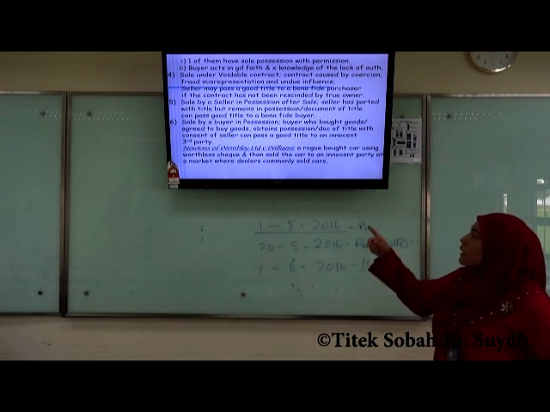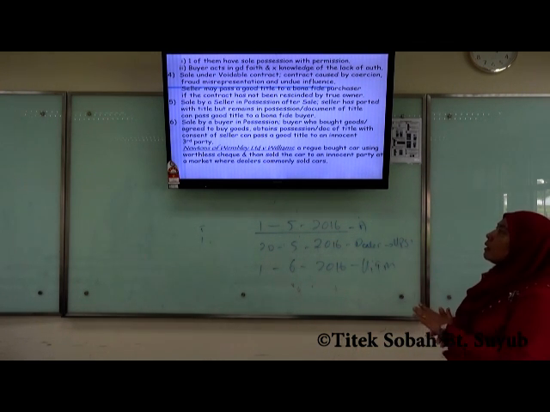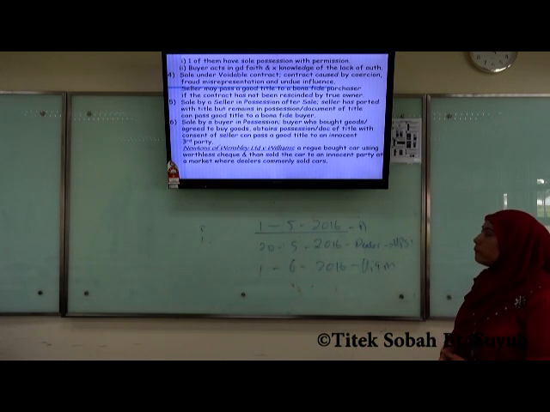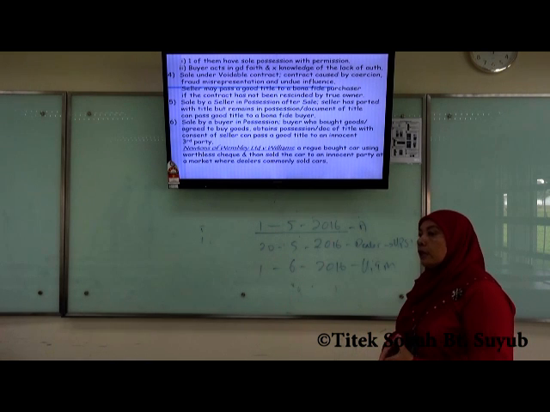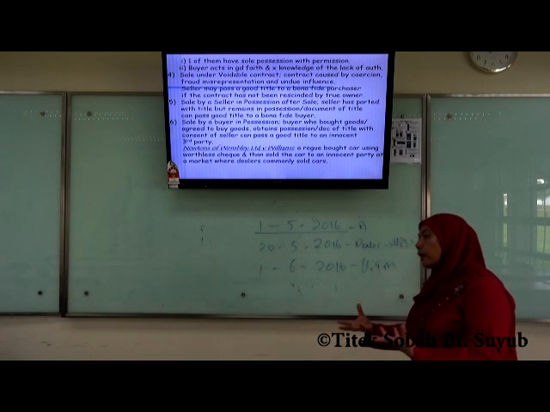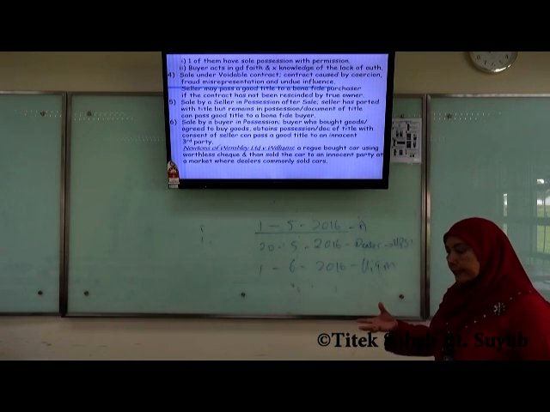Okay, let's have a look at the case of Newton v Remedies. So what happened in this case? A rogue, a bad guy, bought a car from the owner of the car. He used a worthless cheque. Orang jahat beli kereta, dia gunakan cek yang tak laku.